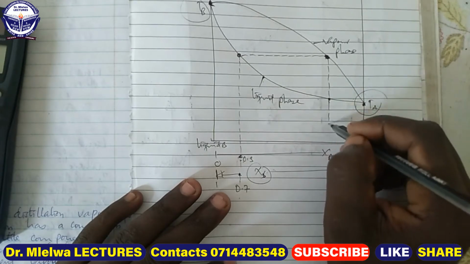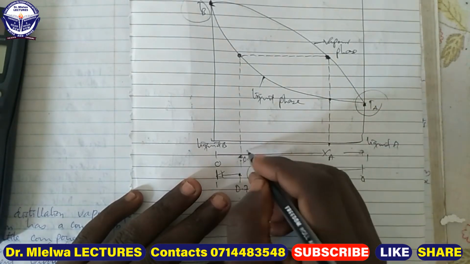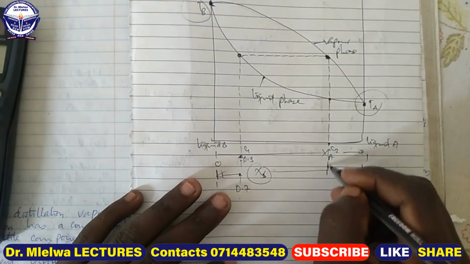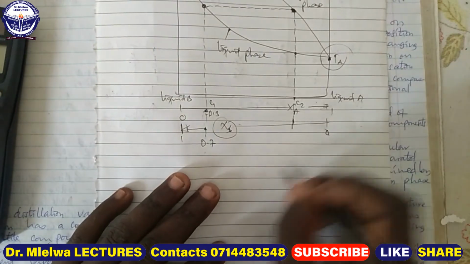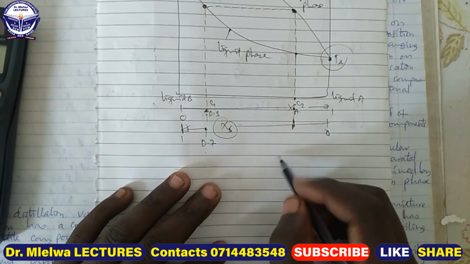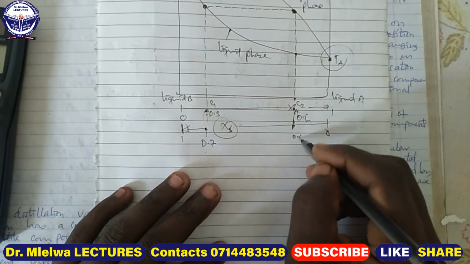Lakini hii liquid itakuwa na mole fraction fulani hapa. Now look at this mole fraction. Let's call this concentration 1 and this concentration 2. Look at this mole fraction. Utaona nini? A imeongezeka, B imepungua. So let's say A here is 0.6 and B is 0.4.